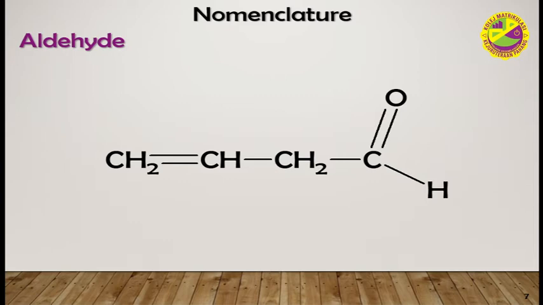In the following example, the first carbon is the carbon that attaches double bond to oxygen and hydrogen, followed by the next carbon 2, 3, and 4. Since we have 4 carbon chain, the parent name will be butanal.